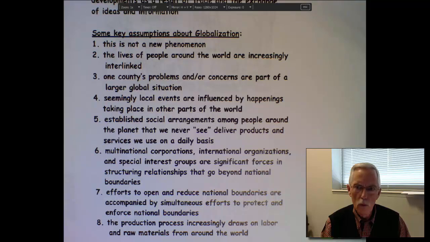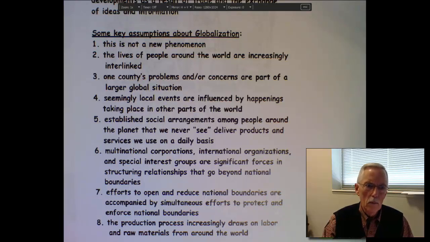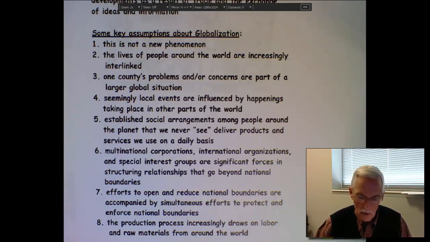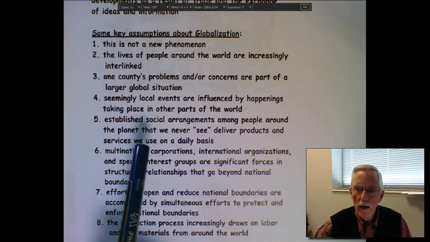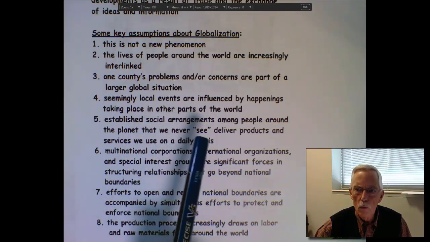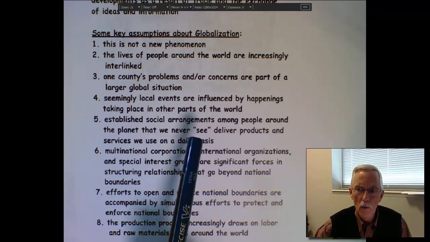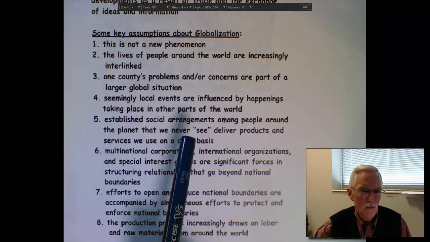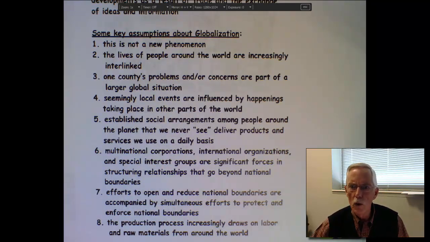That's particularly true when it comes to such things as a plant closing in your community because the company has decided to move the entire operation to another country, or for that matter, gas prices. And if you're like me, you become aware of the fact that we depend on a lot of folks we don't ever see and interact with directly. They're kind of a faceless mob, but they produce, deliver, manufacture all those things that you and I take for granted.